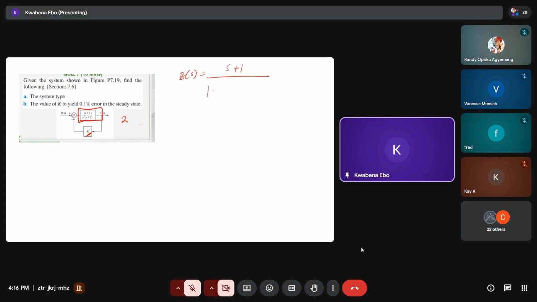1 plus K S plus 1 over S squared S plus 2 minus S plus 1 over S squared S plus 2. Then we'll do the simplification.